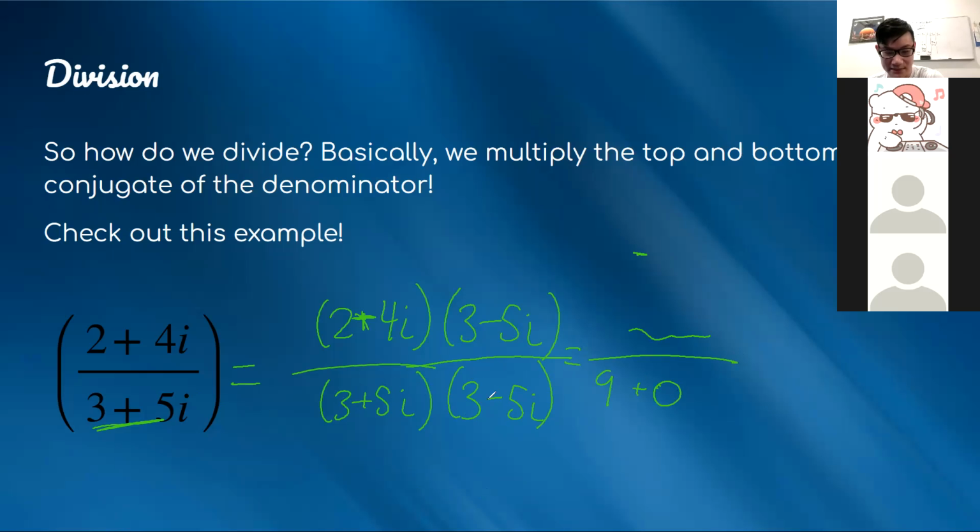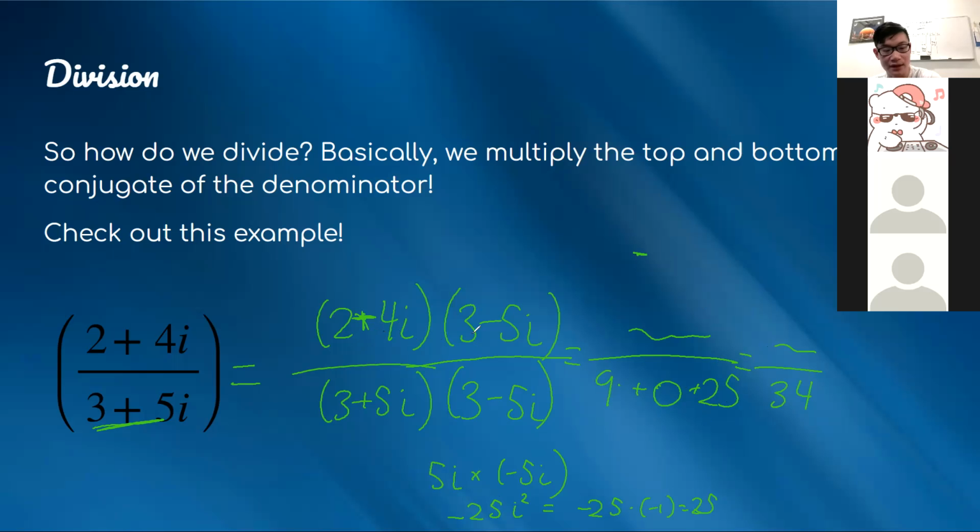And then we move on to the last portion, which is 5i times negative 5i, which is negative 25i squared, which is negative 25 times negative 1, just 25. And you'll see there are no more i's anywhere. We're just left with a real number, which is whatever the top is over 34.